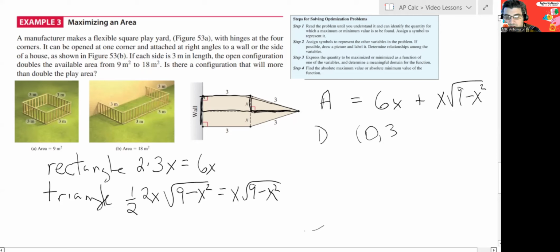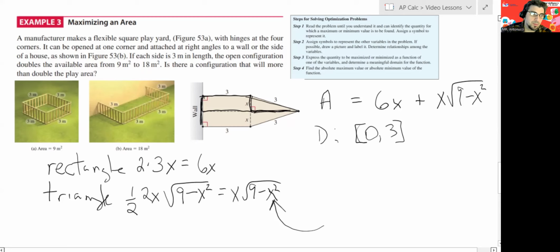Because if you have anything smaller than 0, then it doesn't make sense in this situation. And anything bigger than 3 is not going to work out for the side length x, or it'd be longer than the side. Actually, we can include the endpoints here, and we'll see why in a little bit.